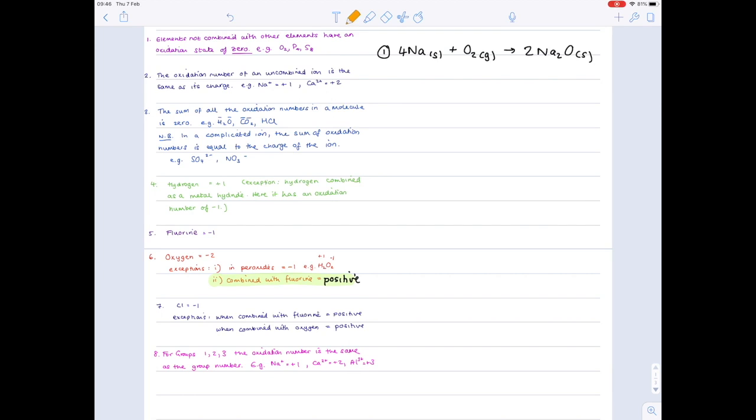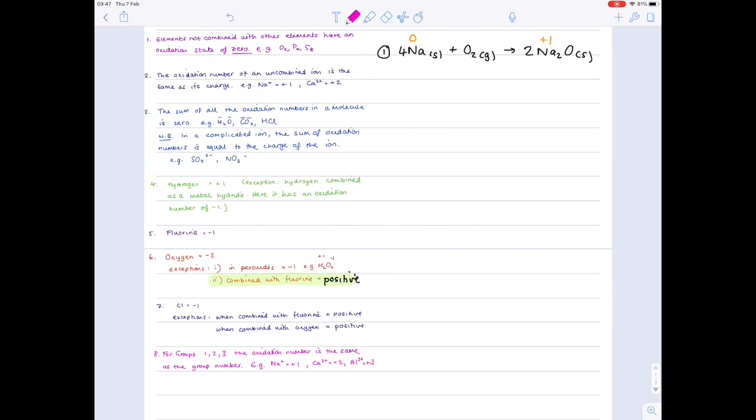Starting with sodium, according to rule 1, elements not combined with other elements have an oxidation state of 0. So here we know sodium has an oxidation state of 0. Looking at it in sodium oxide, according to rule 8, for groups 1, 2 and 3, the oxidation number is the same as the group number. So sodium is in group 1, which is why its oxidation number here is +1.